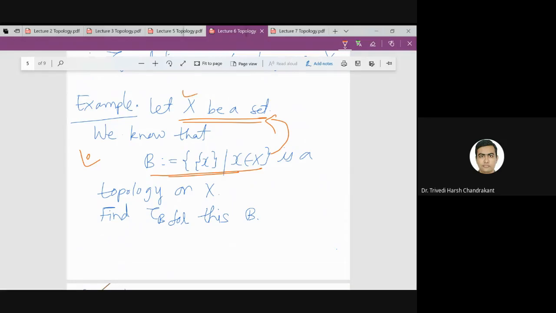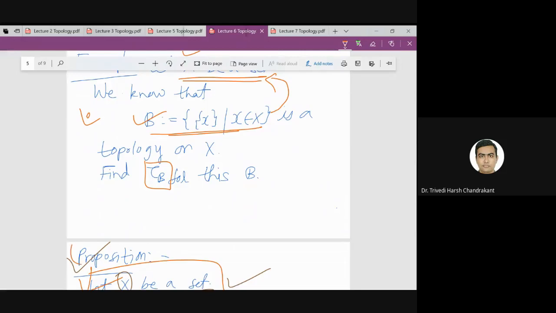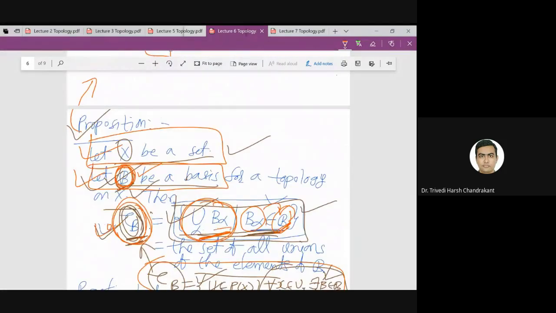So if I know the set X and I know the basis over that, what will be tau B in this case? By this proposition, it is nothing but all the unions of the basis elements.